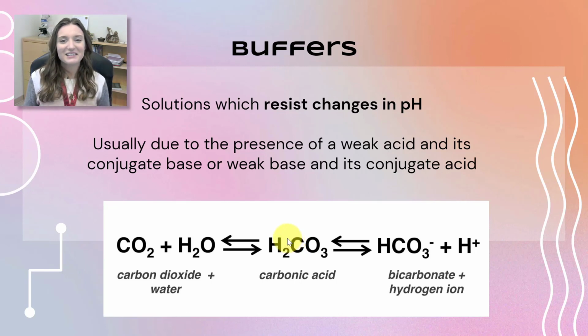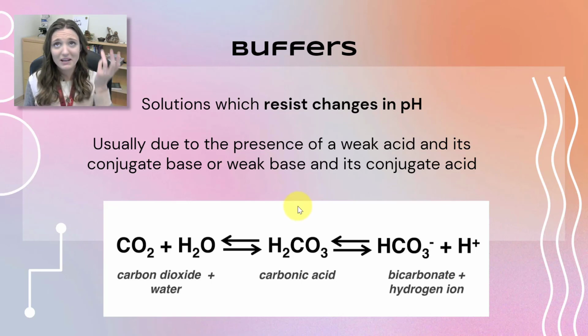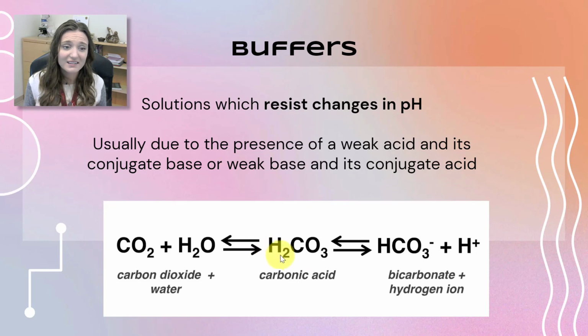Our blood needs to stay at a pH of 7.4. How this works is that when we increase our rate of respiration, so let's say we increase how much exercise we're doing, there's going to be more carbon dioxide put into our blood. That's going to cause more carbonic acid, which could result in our pH dropping, right?